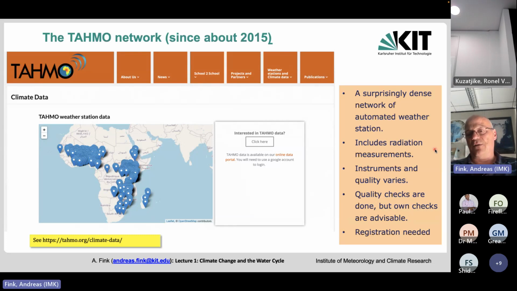However, the instruments and the quality vary. You can register for that, and usually for research purposes as an African student, they distribute the data to you. But honestly, it's a great initiative, but the quality management of the stations is poor. Usually the stations from the Weather Service are better maintained.